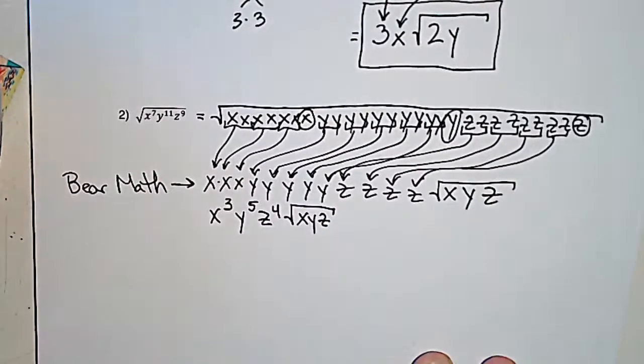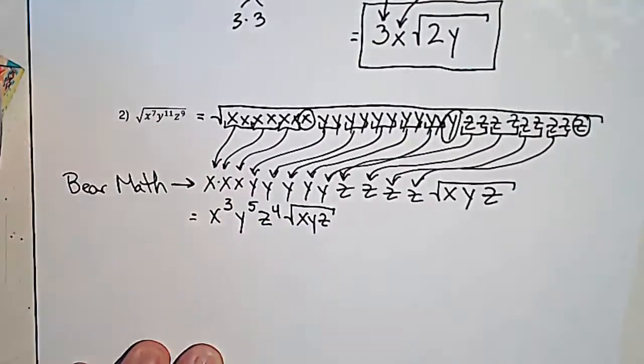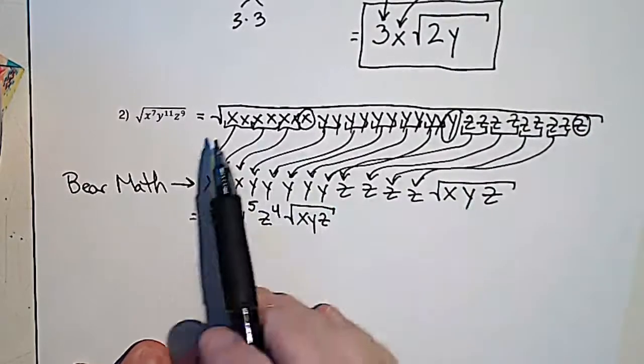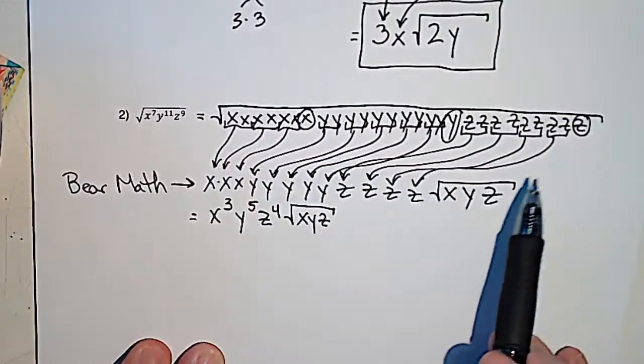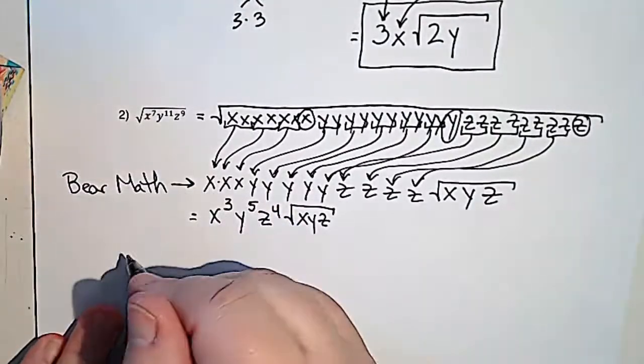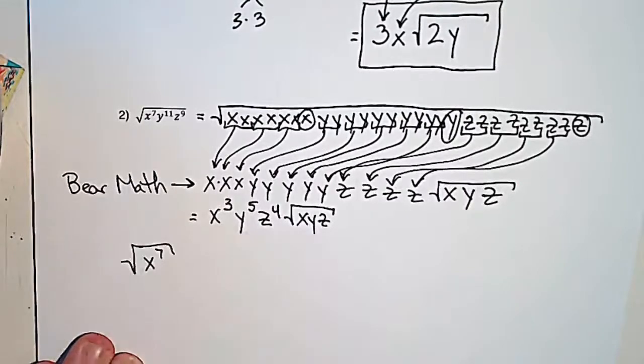So here's the thing. Wouldn't it be nice if we could have anticipated the 3, the 5, and the 4, so we didn't have to write all this out and possibly make some mistakes? Wouldn't it be nice? So let's look at what we had. We had radical 7, which I'm going to break off from the rest.